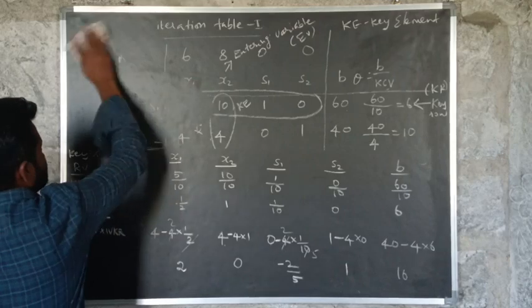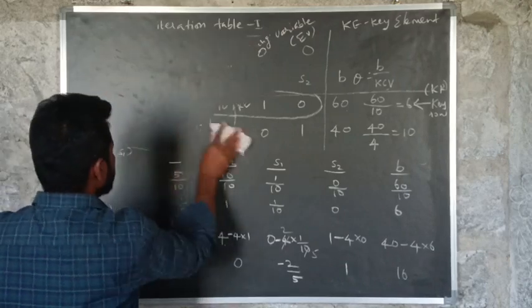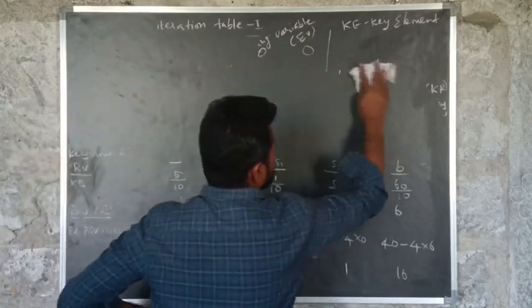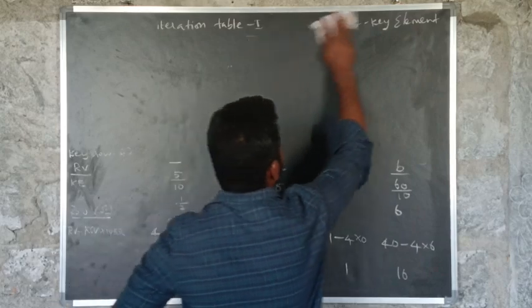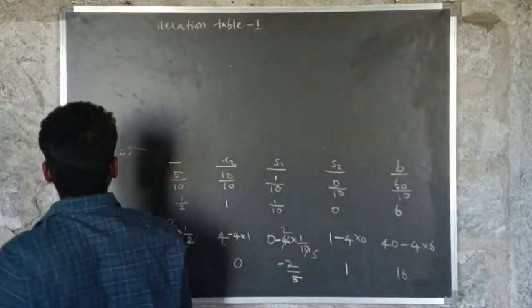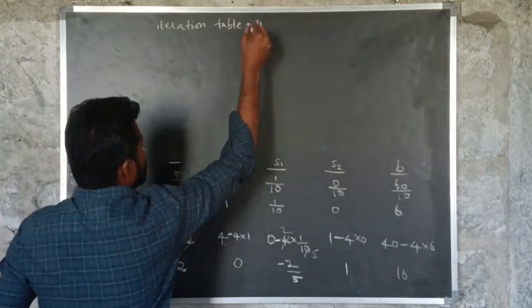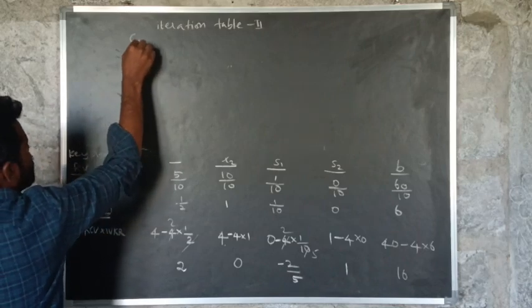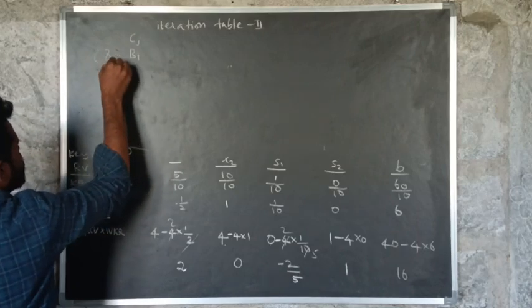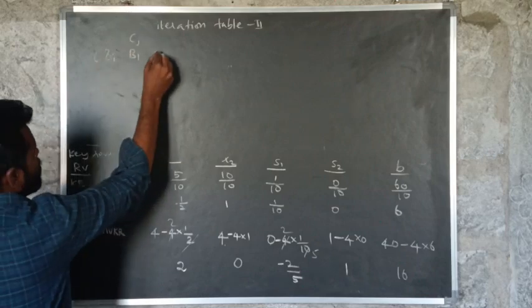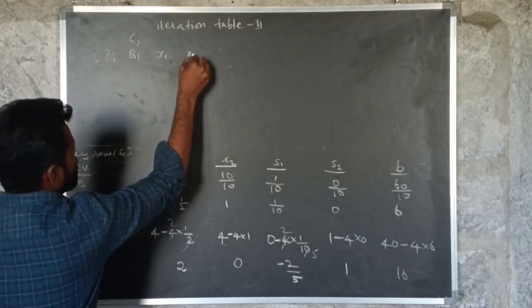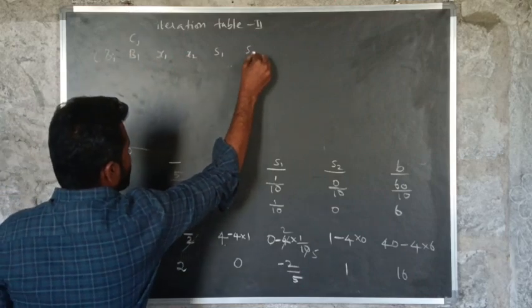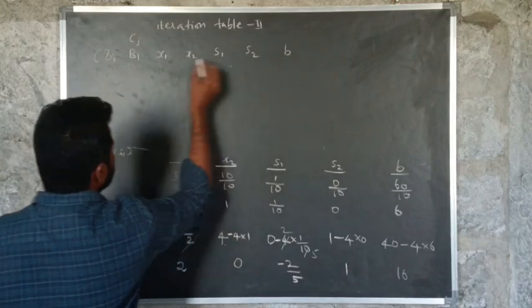So now, in iteration table 2, as per the basics: basic variables, coefficient of basic variables, the coefficients of the objective function x1, x2, s1, s2 and quantity b.